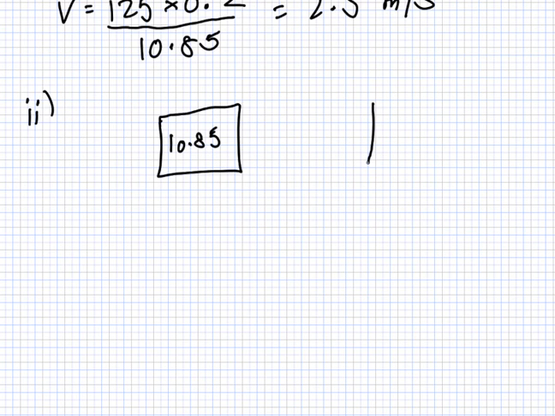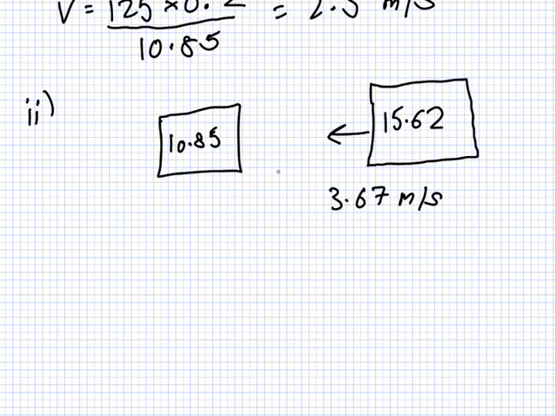The other one is 15.62, moving in an opposite direction. So this one is going to the left with 3.67 meters per second, and this one's going to the right with 2.5 meters per second.